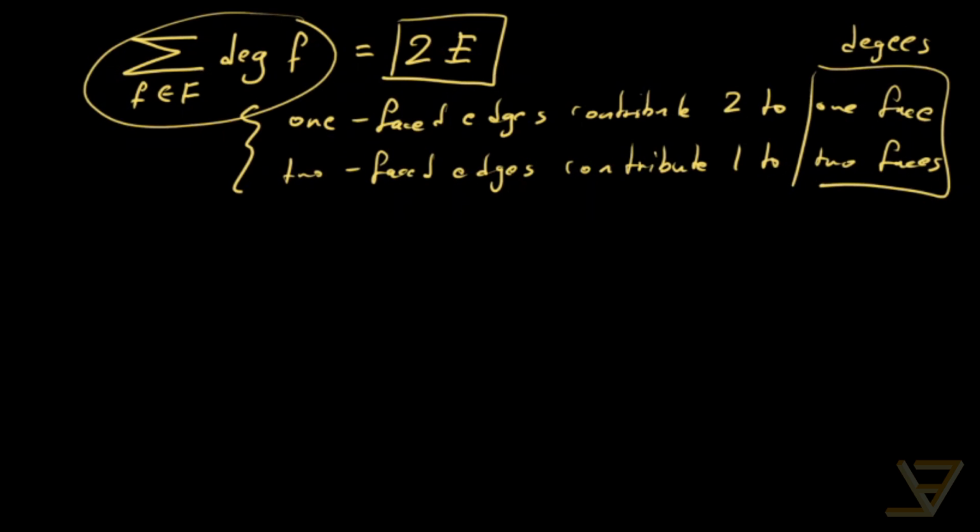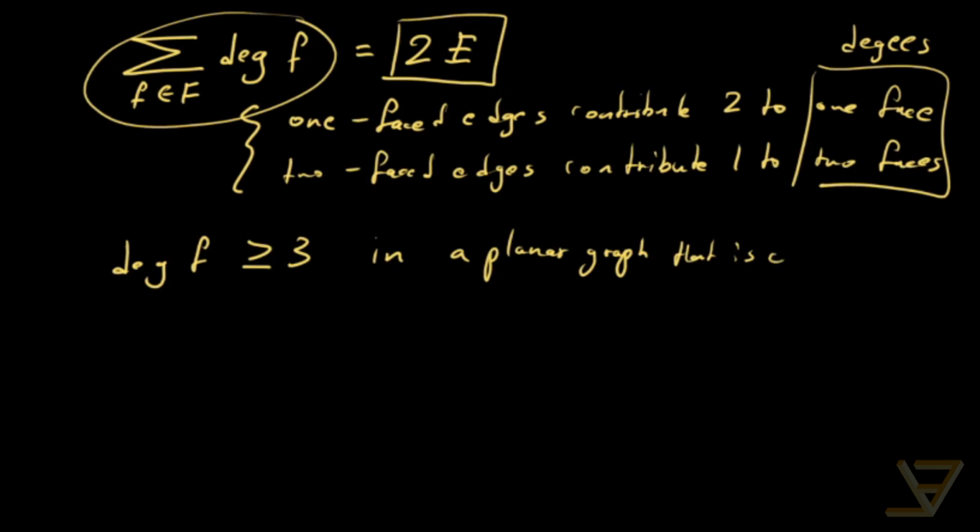The second thing, which I'm not quite going to prove, I'll just outline it, is that the degree of a face is always greater than or equal to 3 in a planar graph that is connected. The reason is that we can divide it into two cases.